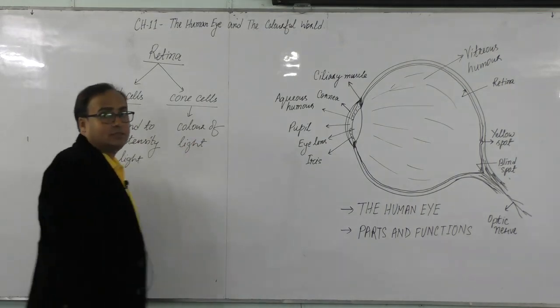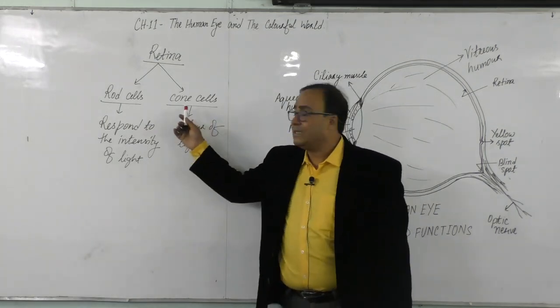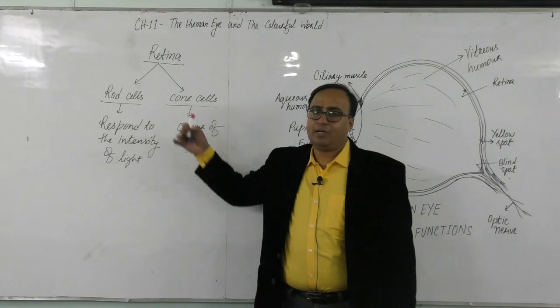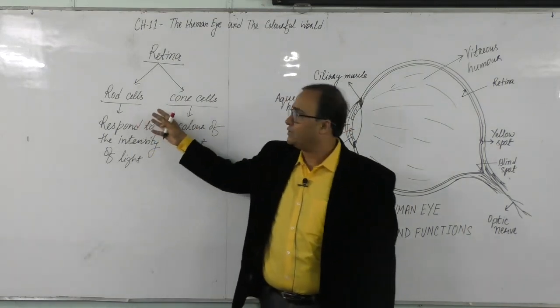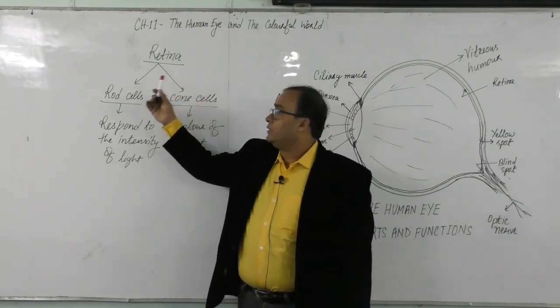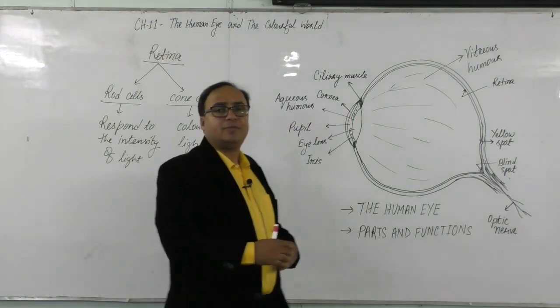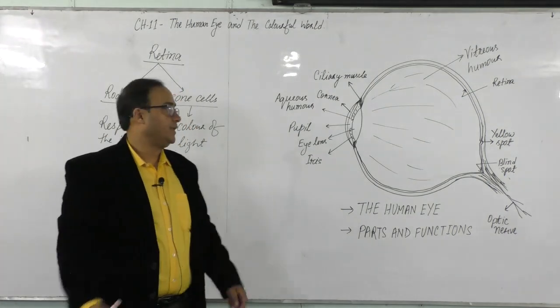So we can see this colorful world around us because of the sensitiveness of cone cells, and we can detect dimness and brightness because of the sensitiveness of rod cells. So what are the 2 types of cells present in the retina? Rod cells and cone cells. And what kind of image is formed on retina? It is real inverted image.